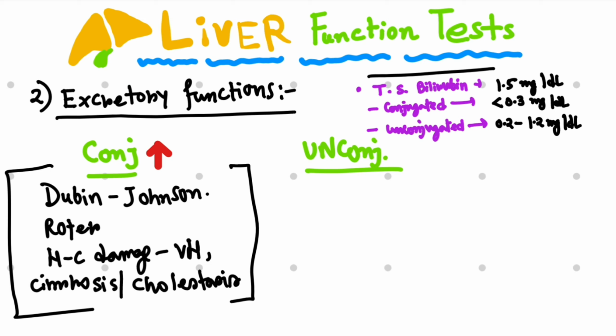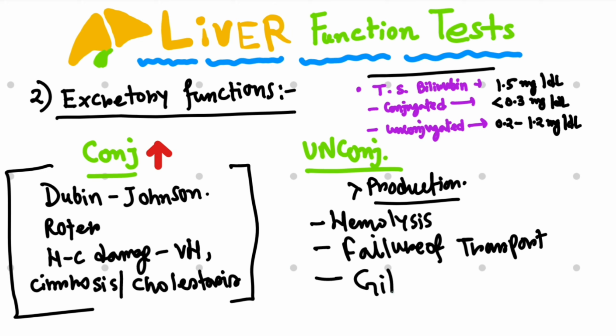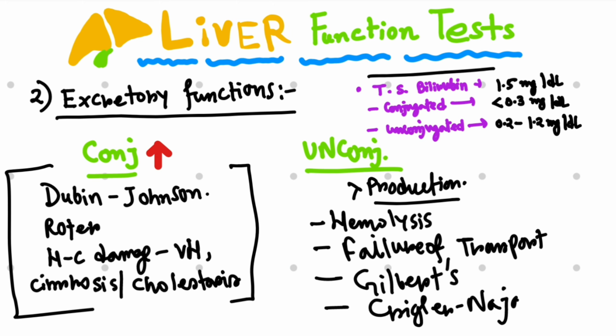Unconjugated bilirubinemia is seen when there is increase in production of bilirubin, like due to hemolysis or due to failure of transport, or maybe due to Gilbert's syndrome, Crigler-Najjar syndrome. So these are the causes of unconjugated bilirubinemia.